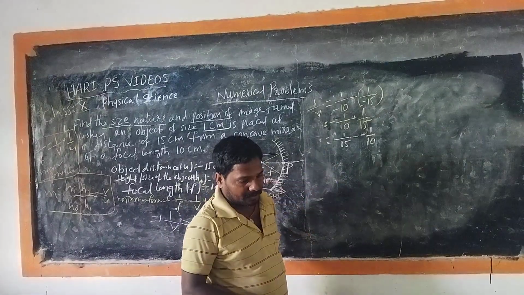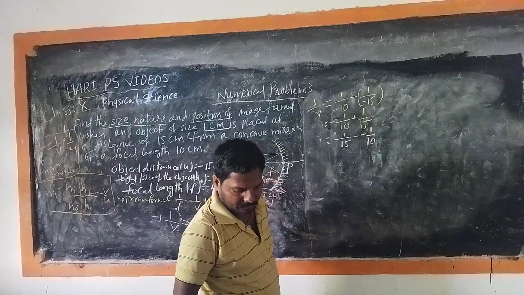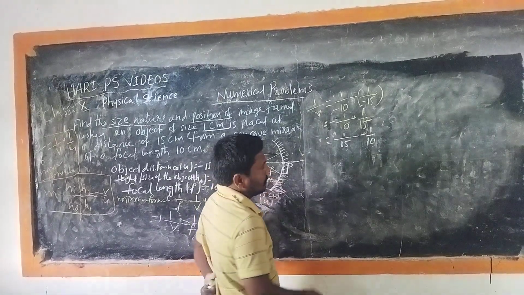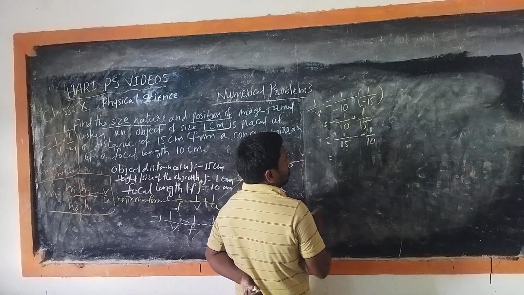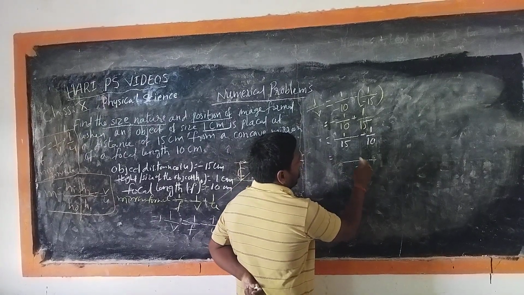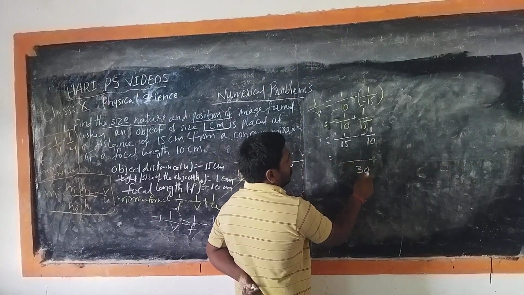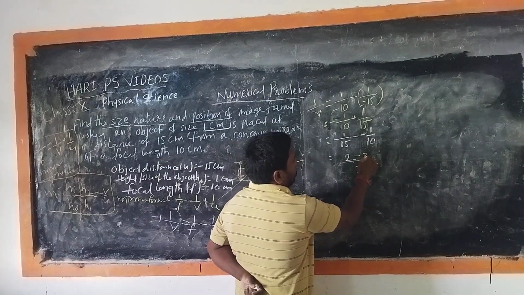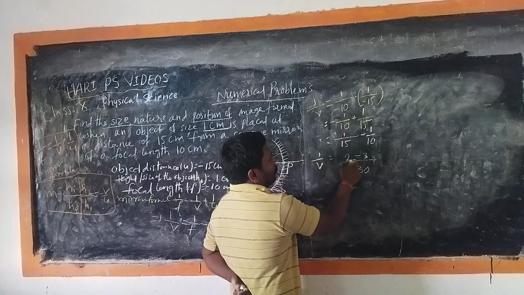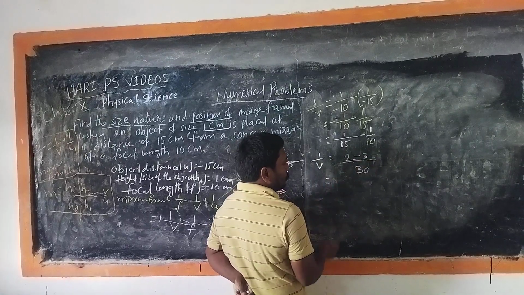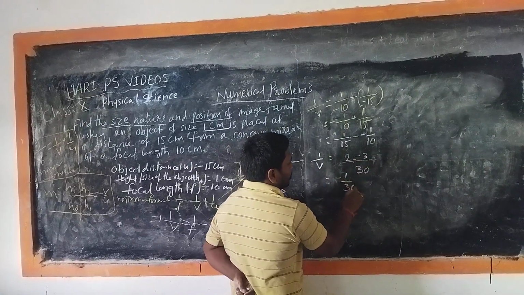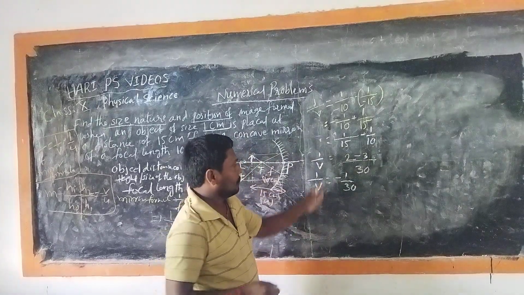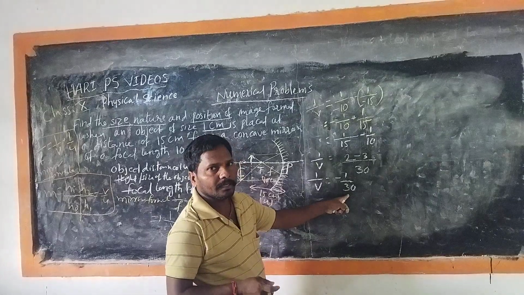So let us take the LCM. What do we get when we take the LCM? That is equal to 30. 1 by v equals 2 minus 3 by 30, that is equal to minus 1 by 30. 1 by v equals minus 1 by 30.